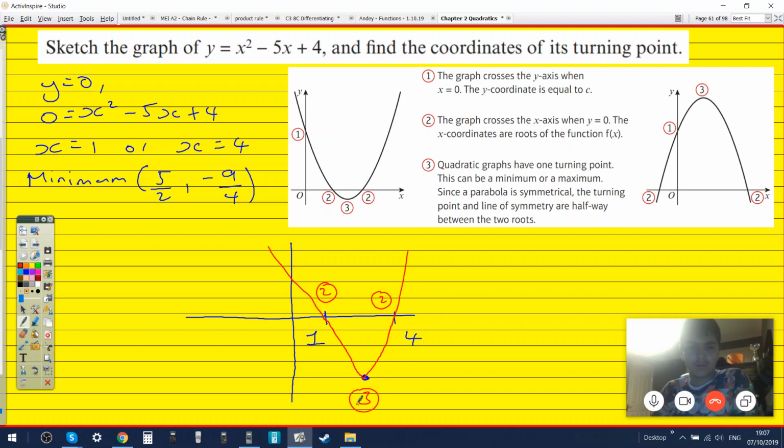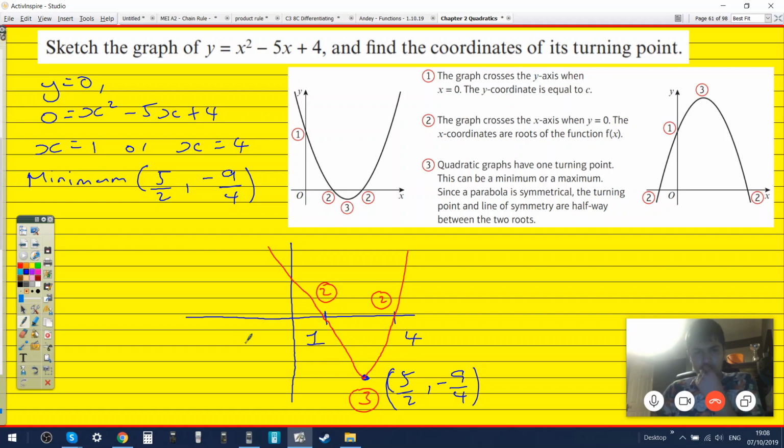So that's 3. So what's left to find? How do we get that? And that's just -9/4. So this minimum, the coordinates of the minimum are 5/2 and -9/4. Like it's 2.5 across and then down by a bit.